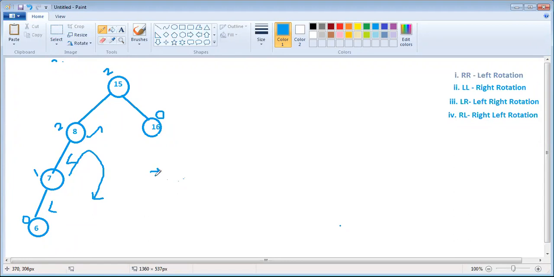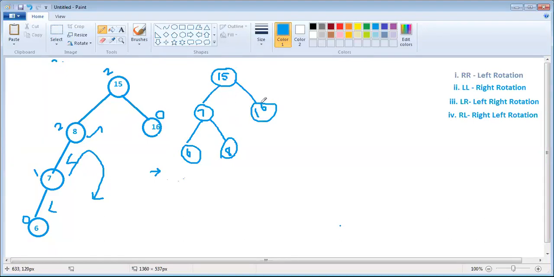So how will it become? 15 will be there as such, and then 7 will be here, and then 6 will be here. 8 will come like this, and 16 will come here, correct?